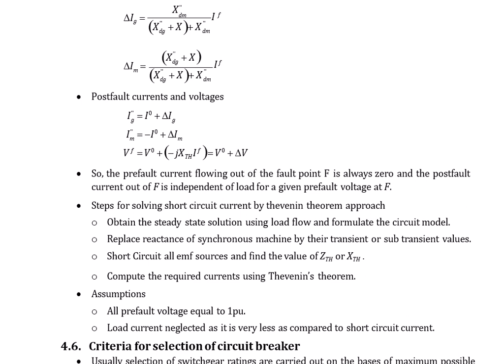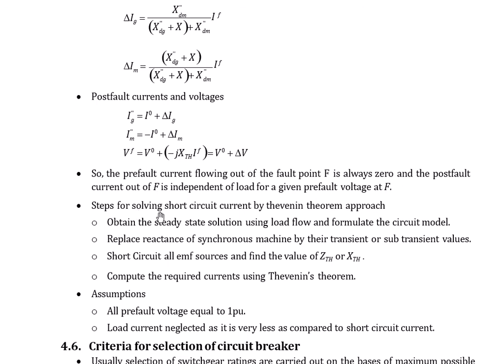The pre-fault current flowing out of the fault point F is always 0, and the post-fault current out of F is independent of load for the given pre-fault voltage at F.